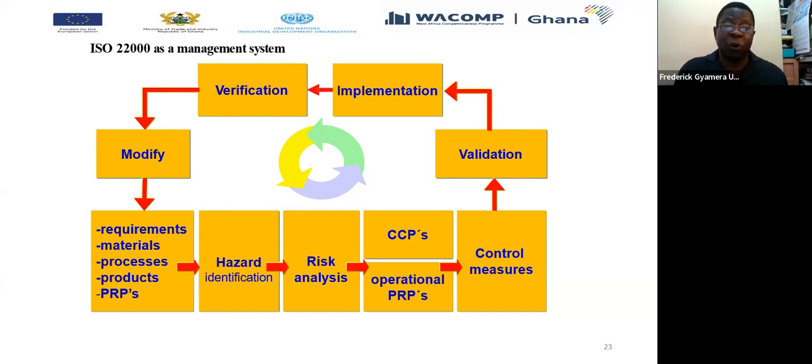So the process approach is what? We talk about input, value addition or transformation, and output. If you don't have what it takes to come out with a proper value addition, it is very similar to garbage in, garbage out.